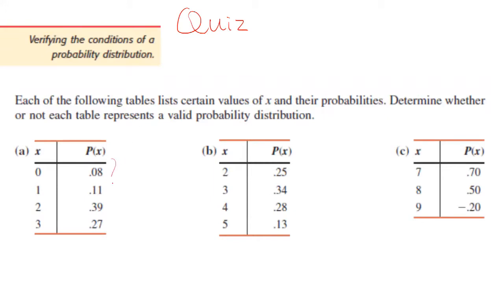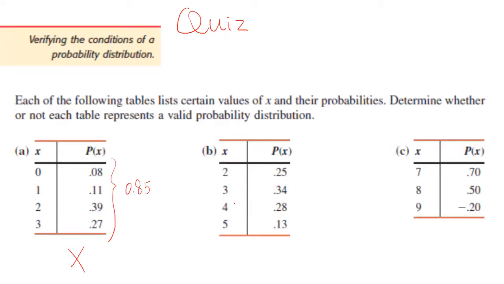However, the sum of the probabilities is not equal to 1, because the sum is only 0.85. So this table is not a probability distribution. It does not fulfill the second condition.